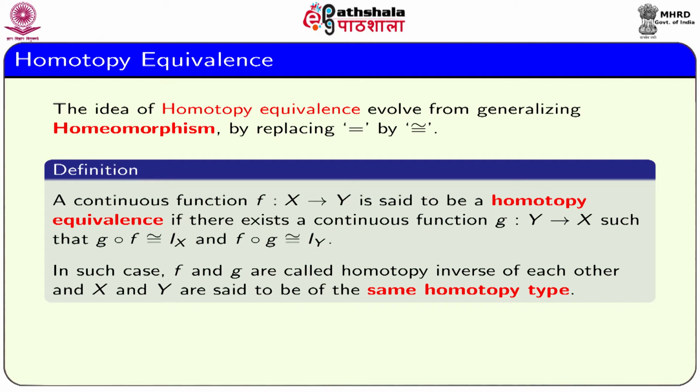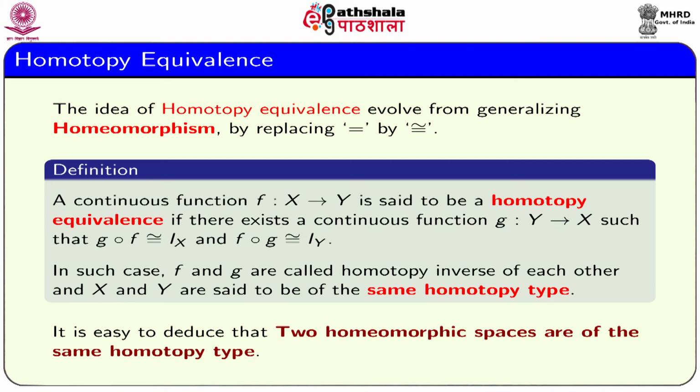In such a case, f and g are called homotopy inverses of each other, and X and Y are said to be of the same homotopy type. It is easy to deduce that two homeomorphic spaces are of the same homotopy type.